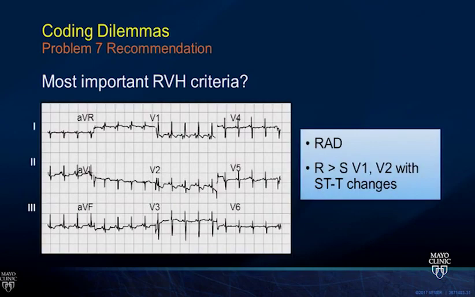Well, right axis deviation, of course, you've got to have that present for significant RVH. With an R wave greater than S in V1 and V2 with these sort of secondary RVH type of changes. You may see some P pulmonale, or the P wave, typically in lead 2, being more than 2.5 millimeters or so.